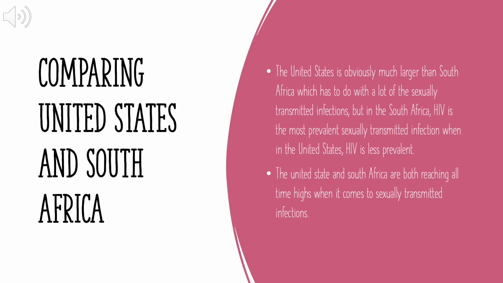Some even before they learn about sex ed, which is a big problem because they don't know what they're getting into. A lot of teen pregnancies are becoming a big problem as well. People really don't know anything about sexually transmitted infections because they're so young at this point. But I feel like both of these countries have a big problem when it comes to that, just because they're not practicing safe sex or doing much to prevent these things from happening, which is definitely a huge cause.